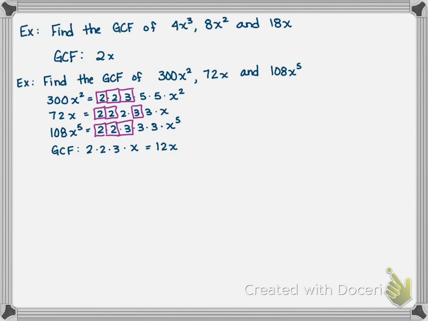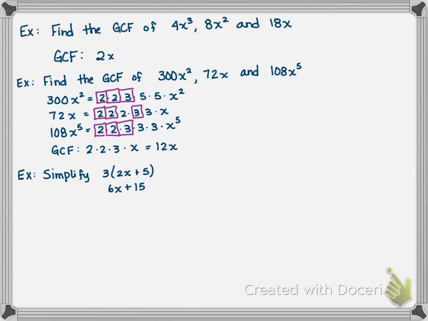So let's use the GCF to factor. When we factor out the GCF, we're just doing the distributive property backwards. So if I were to simplify, say, 3 times 2x plus 5, we would distribute that 3, right? We multiply the 3 by the 2x, that gives us 6x, and then multiply it by the 5, and we get 15.